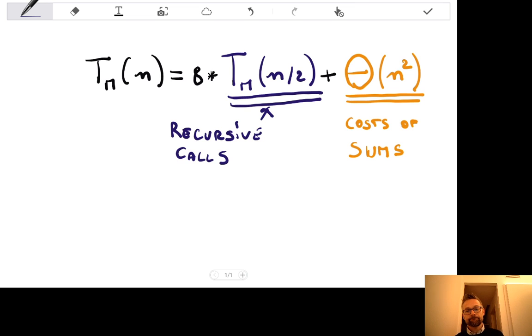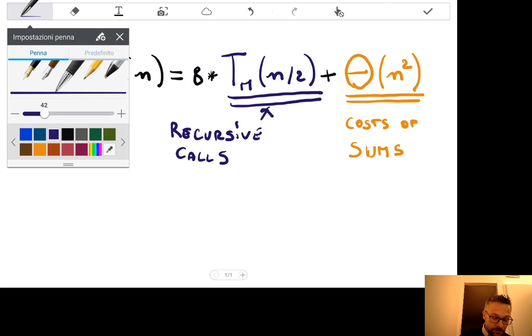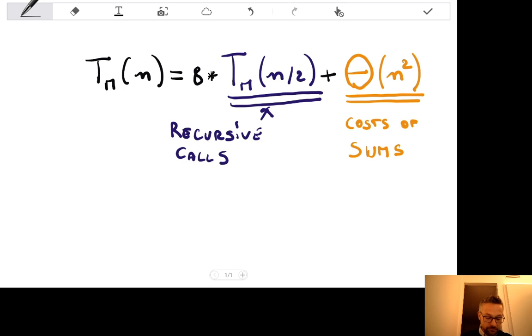Okay, great. Now let's assume for a while, let me change again the color. So let us assume, well, let me write in this way, sorry.